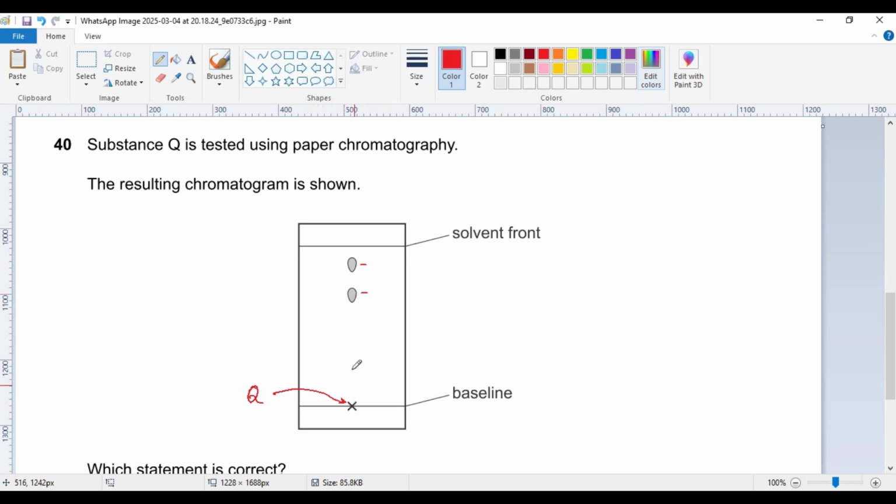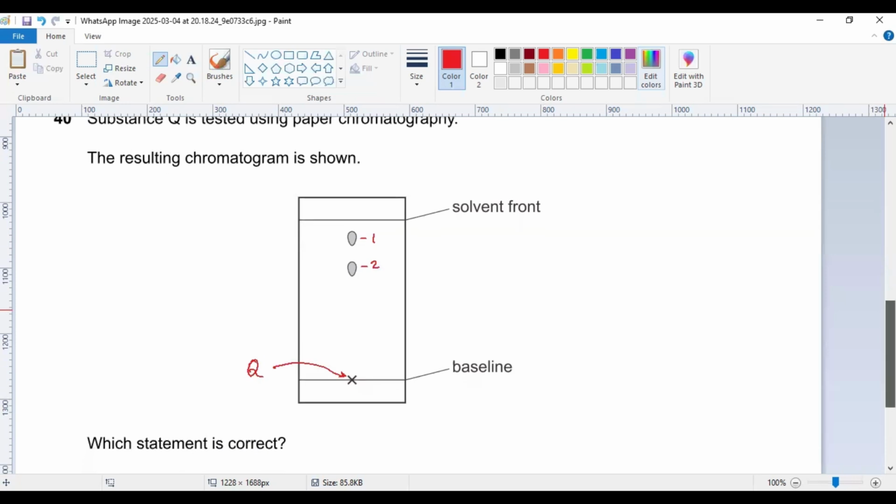So this is a mixture that can be separated by chromatography. This is the solvent front, and this is the solute front for this compound, and this is the solute front for this compound. And this is the baseline where we load our sample, and it must be above the solvent layer in the chromatography tank.